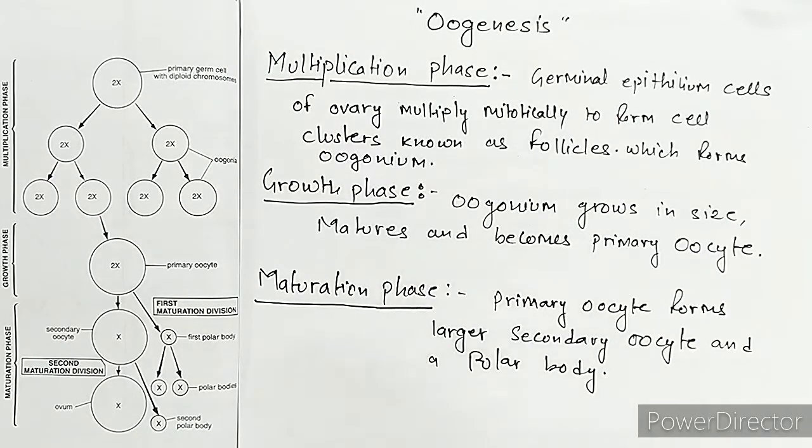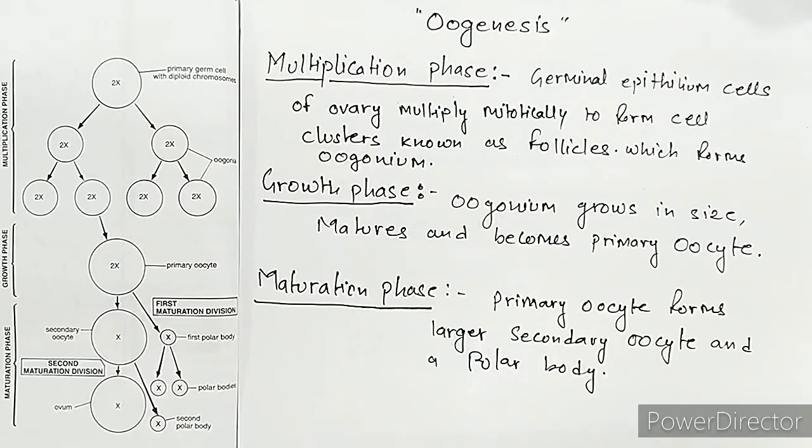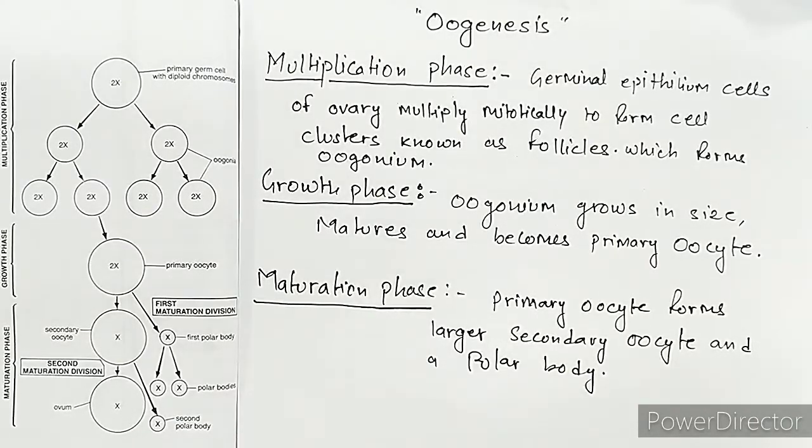In the maturation phase, the primary oocyte forms a larger secondary oocyte and a polar body. What happens basically is that the primary oocyte goes into the first meiotic division and produces a larger secondary oocyte, and at the same time it also produces a smaller polar body.